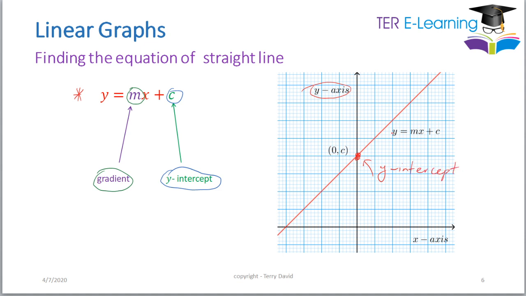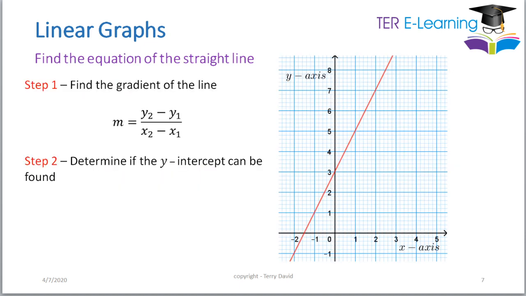The coordinates for the y-intercept are always going to be (0, c), where c is the point at which we are cutting the y-axis. So graphically, this is how a straight line is going to look. It's always of the form y equal to mx plus c. We spoke about this last week.